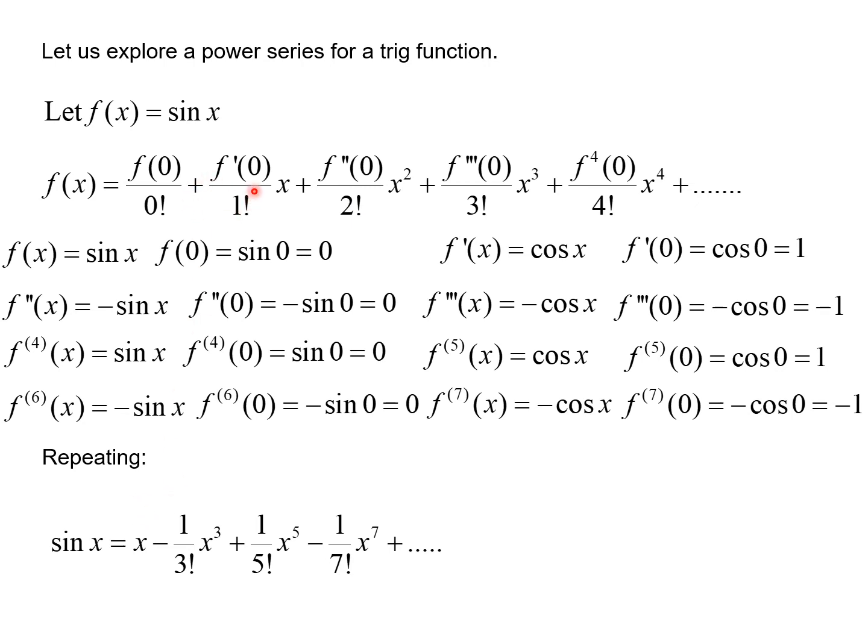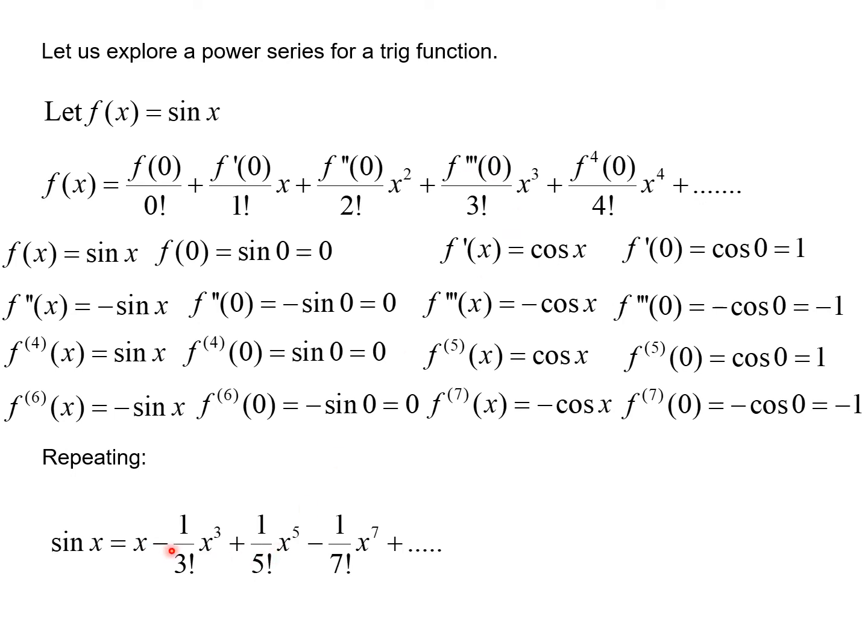In this case, f prime is 1, right? So it will be 1 over 1 factorial times x. You will actually get x. Next, you will not have any value for f double prime because it's 0, so you move straight to f triple prime. You'll get negative 1, so it will be negative 1 over 3 factorial x cubed.